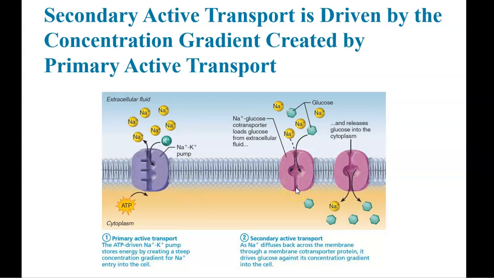As it does that, it's going to bring in those glucose molecules with it. So this is the way that these two work together. The sodium potassium pump creates that gradient that allows for sodium to move down that gradient. And in the process, it brings in glucose with it.